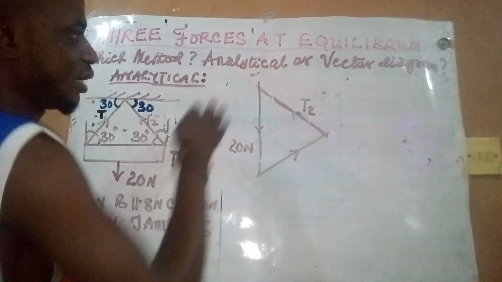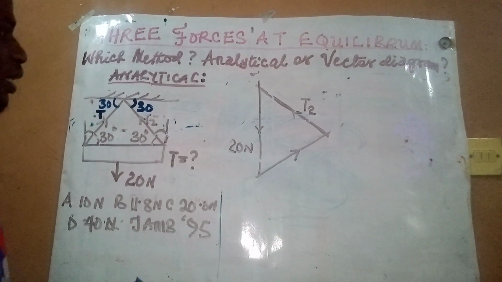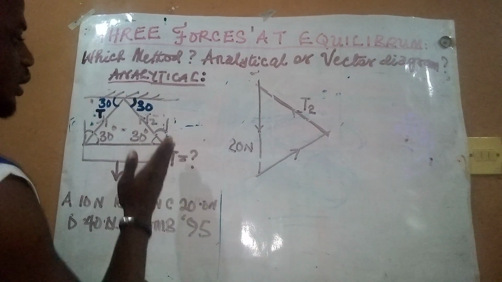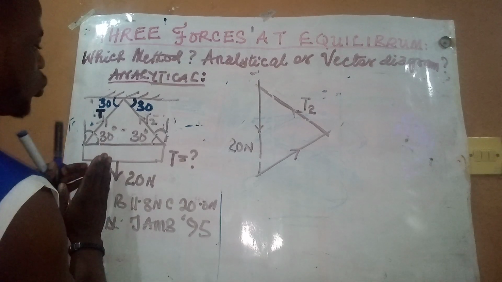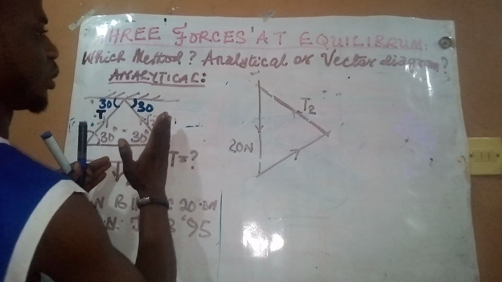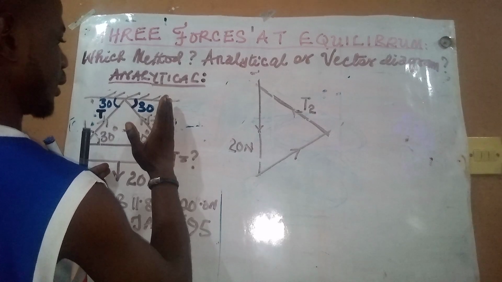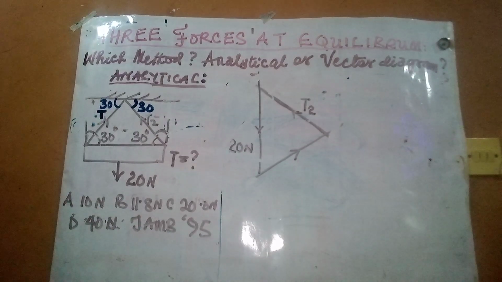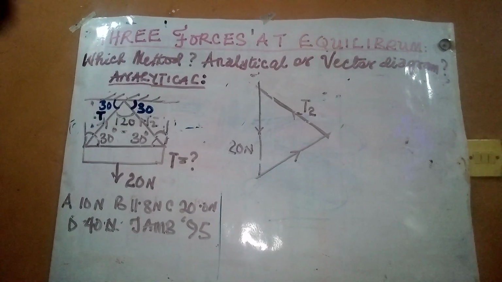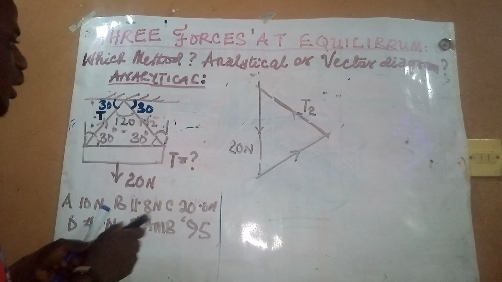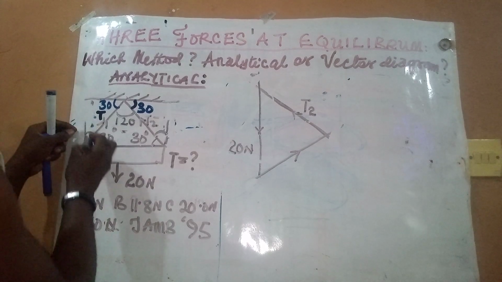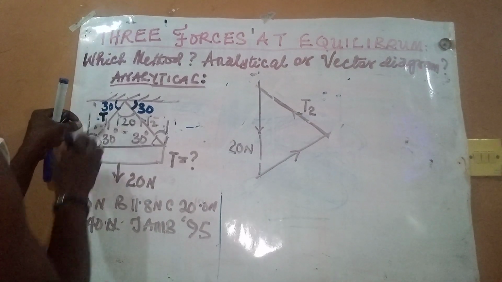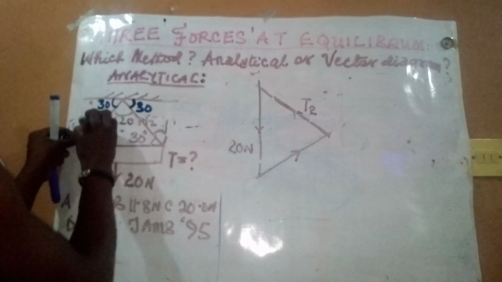Now, how do we get the angles? Don't forget that this is T2. This is 20 Newton. Don't forget that the angle between this and this is 60.